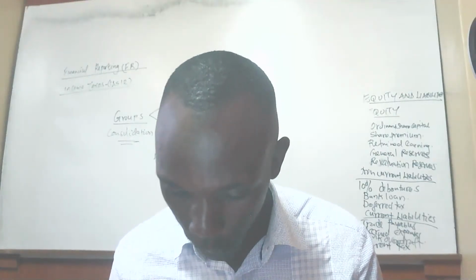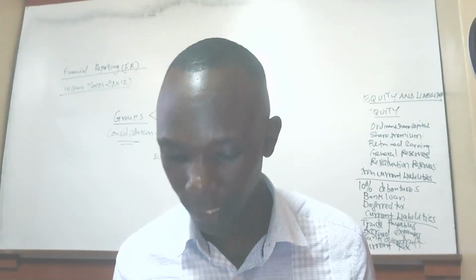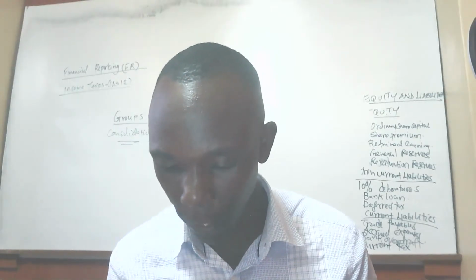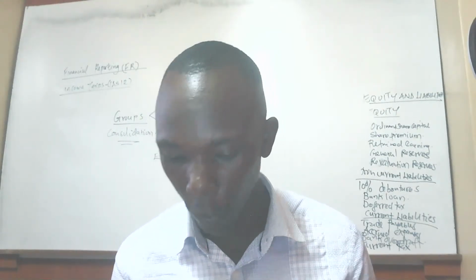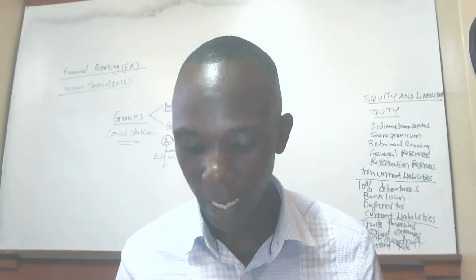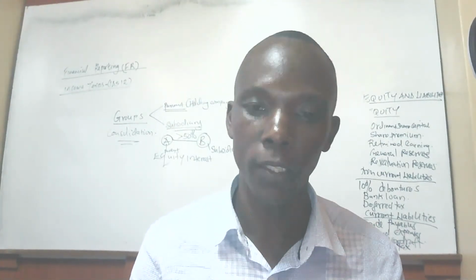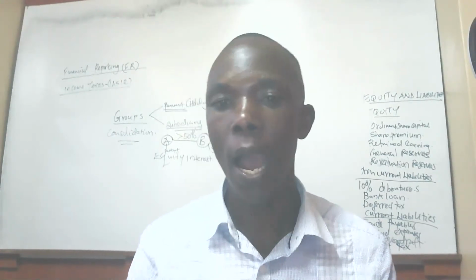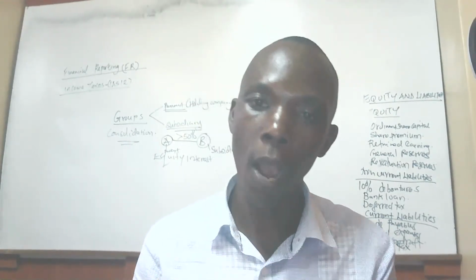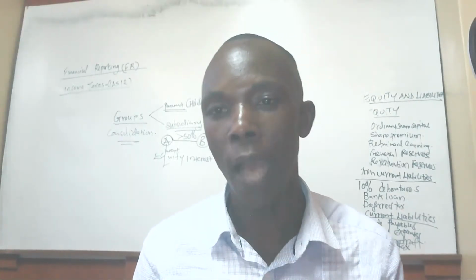Then from there, we look at analyzing the financial statements using the common sense approach for the statement of profit or loss, and also the statement of financial position. How do we analyze using common sense, where we have the vertical and horizontal analysis?